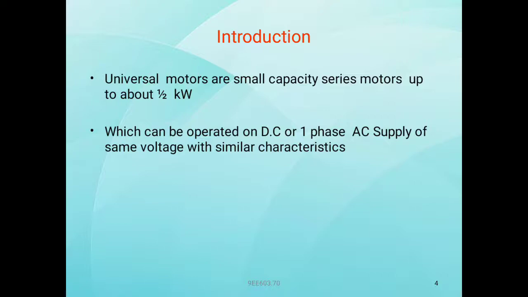which can be operated on DC or single phase AC supply. So we can give the supply AC or DC, whatever supply is given to this small capacity series motor, and it can operate. It can be operated on DC or single phase AC supply of the same voltage with similar characteristics.